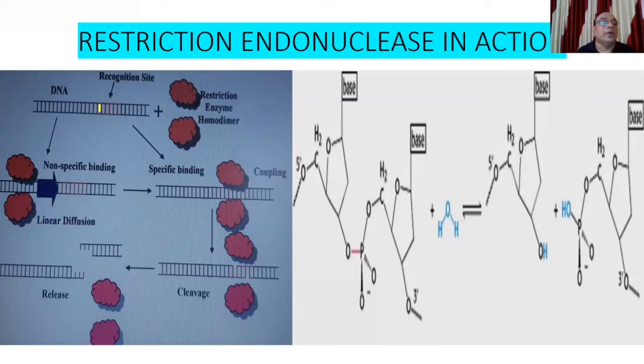That is the site which is recognized by the restriction enzyme, and blunt or staggered cutting is made here. We are dealing with restriction enzyme 2. We shall see later how the enzymes have been classified and the characteristics on which they have been classified. So the restriction enzyme 2 is made up of 2 subunits.